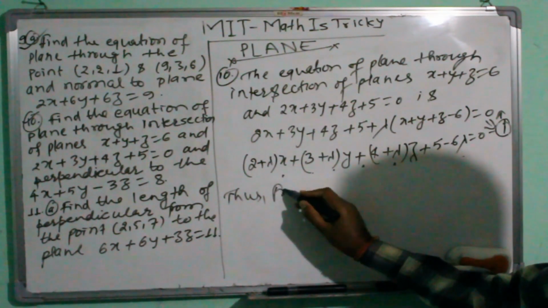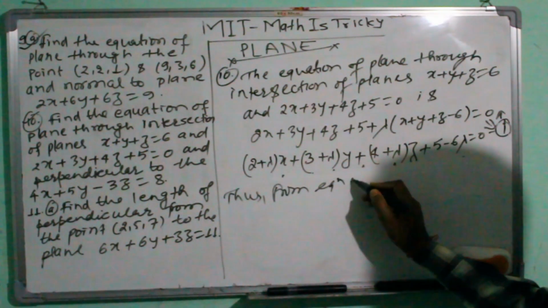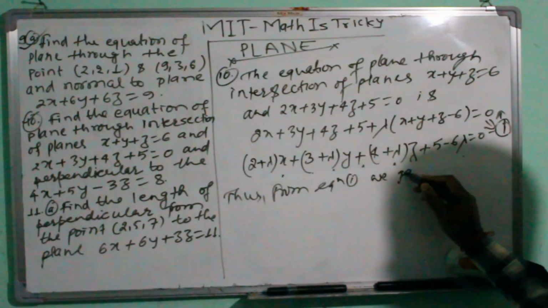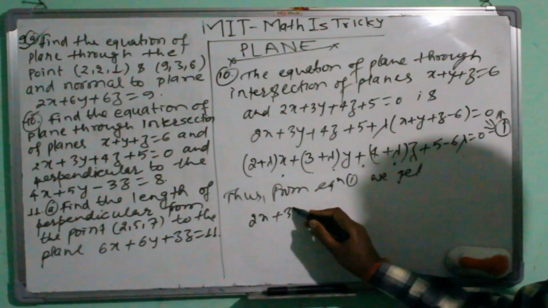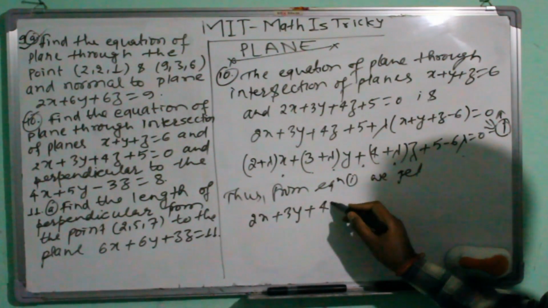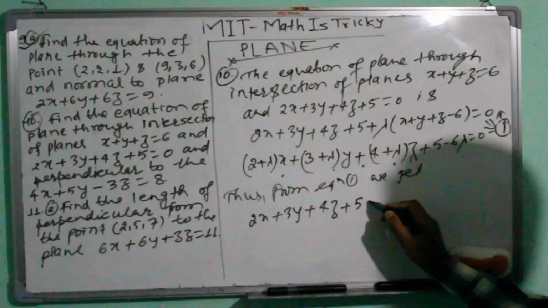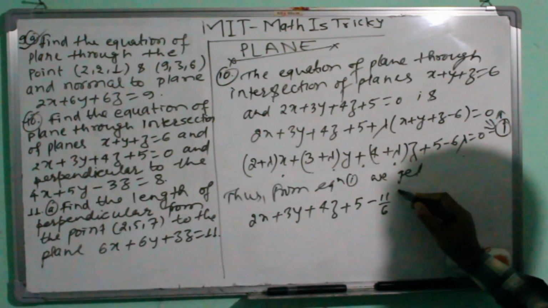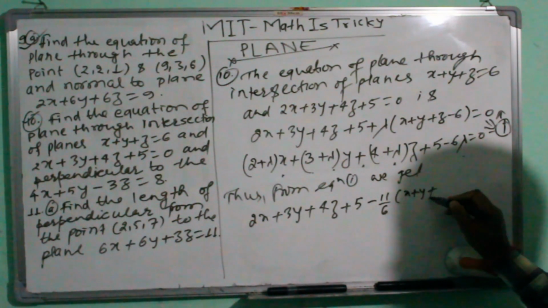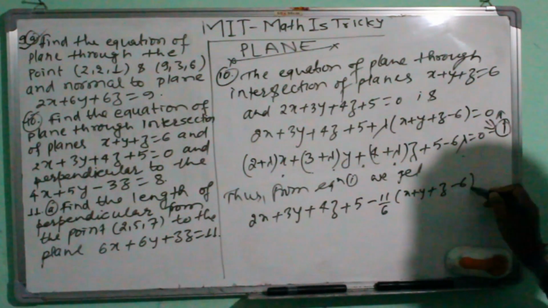Thus from equation 1 we get, putting minus 11 by 6, 2x plus 3y plus 4z plus 5, and then minus 11 by 6 times (x plus y plus z minus 6) equals 0.